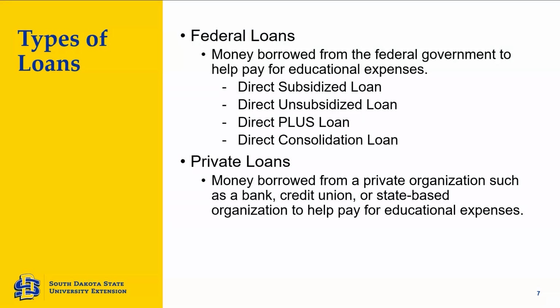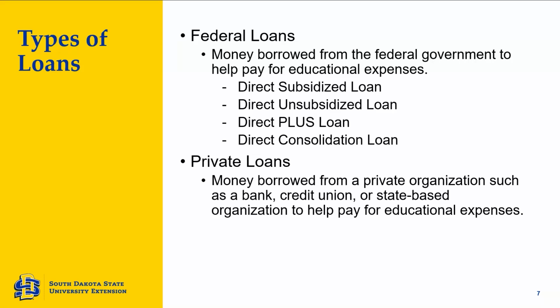A direct PLUS loan is for parent borrowers. The parent takes out the loan for their child's or their dependent's education. These loans are owned by the parent, and they follow the same rules with the grace period.